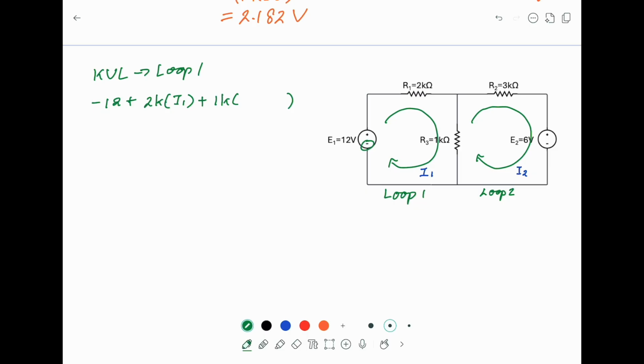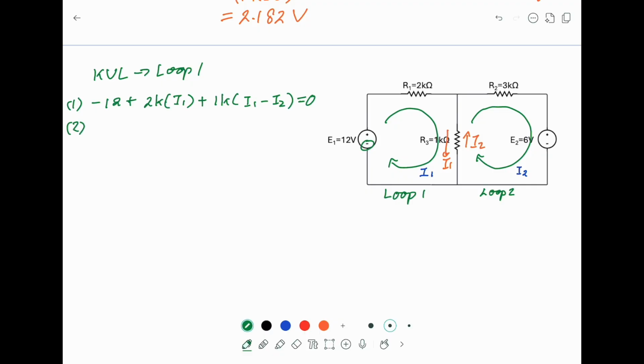So we are analyzing loop 1, so we have to assume I1 is bigger than I2. Again, this is I1, this is I2. So when we analyze loop 1, we have to assume I1 bigger than I2. So this is I1 minus I2, and here we have equal to 0. This is equation 1.